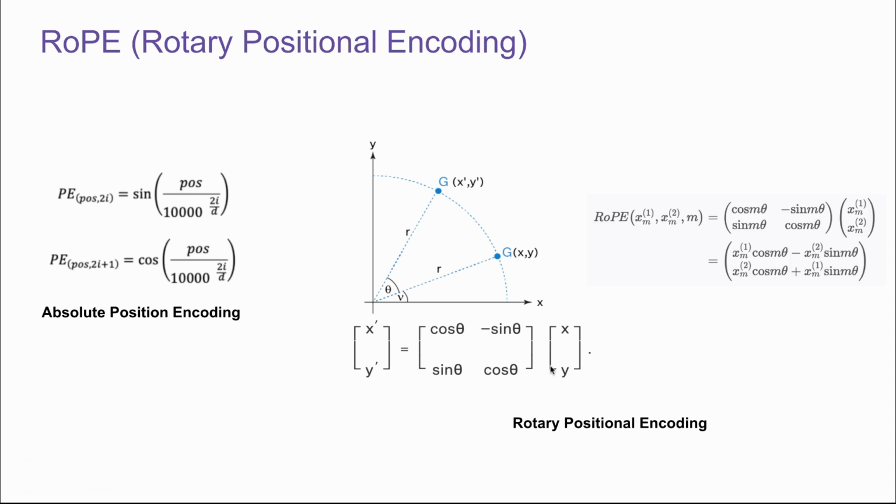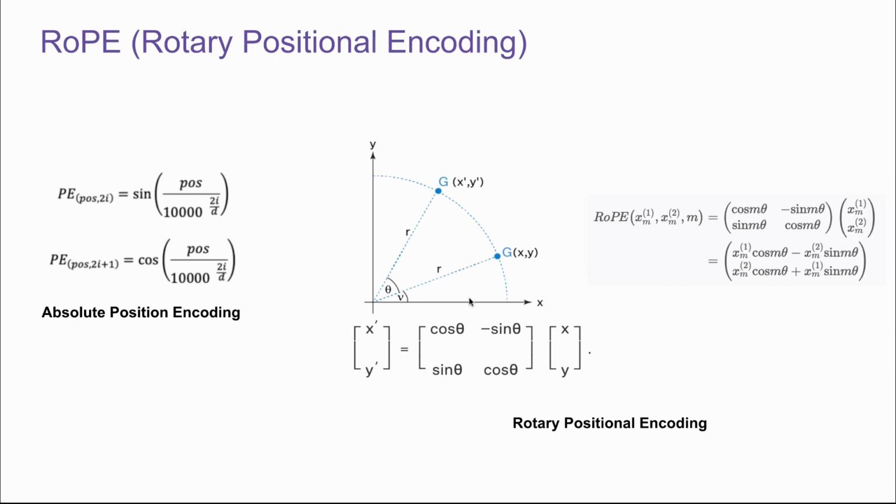Anyhow, in today's modern architecture, this RoPE rotary position encoding is more popular. I'm going to start a separate episode to explain why rotary position encoding is better than absolute ones. But for now, you can just consider that most of the models are actually using RoPE as position encoding right now.